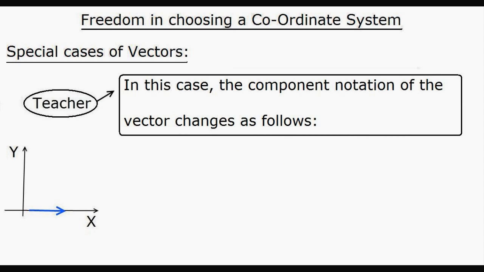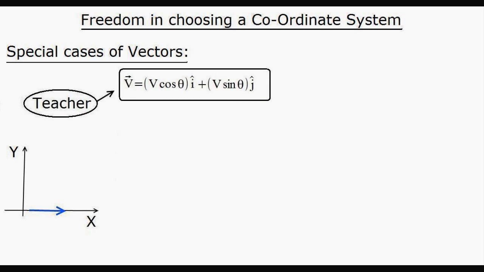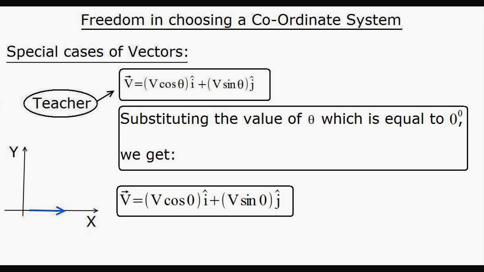In this case, the component notation of the vector changes as follows. V bar is equal to V cos theta times I hat plus V sin theta times J hat. Substituting the value of theta, which is equal to 0 degrees, we get V bar is equal to V cos 0 times I hat plus V sin 0 times J hat.